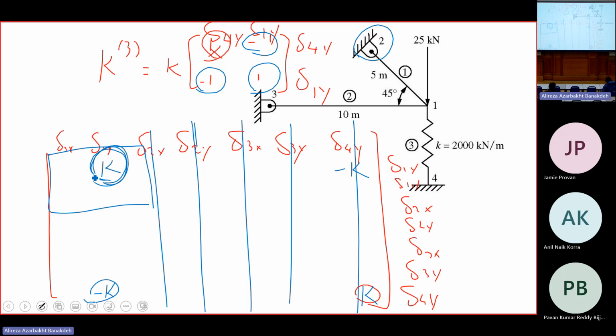So this k will be added to the other values coming from elements number 1 and 2, combined with them, and will get into the process of calculating the unknown deformations. Right? Does it make sense? The spring contributes to the solution by adding a k into the problem.